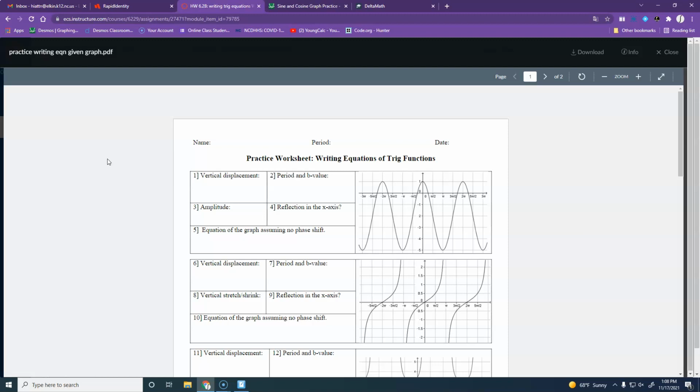That one's your easiest. It's probably the cosine that matches it. How far would it have to go from right here over here? So half pi.